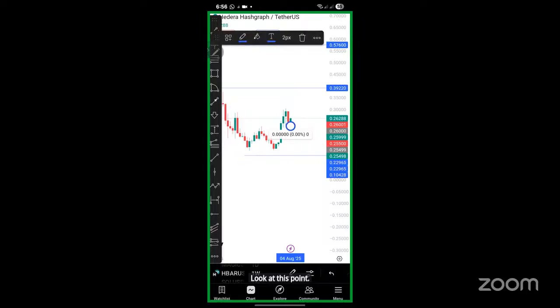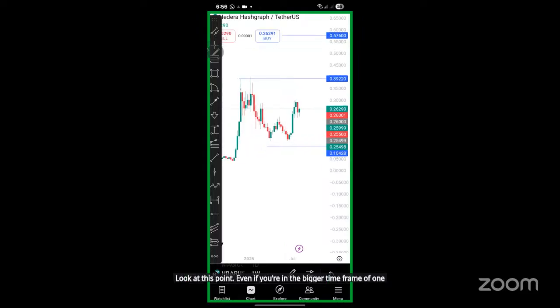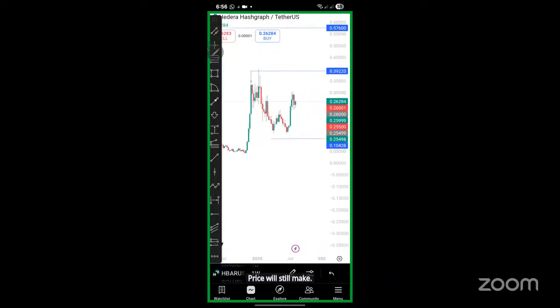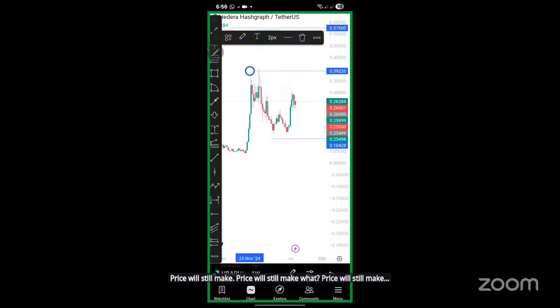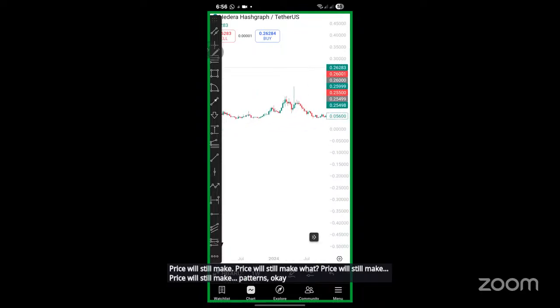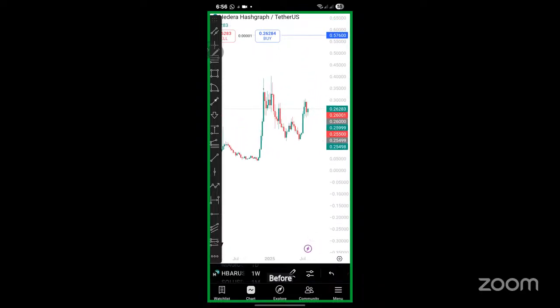Even if you are in the bigger time frame of 1 week, you will see that price will still make patterns. Okay. Now, before we trade, we shall look at this coin in the 1 week time frame.